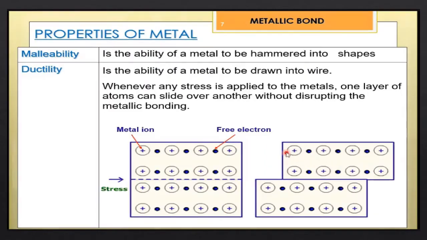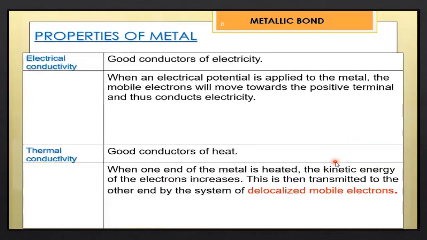In the array of solid ions immersed in the electron sea model, the free electrons are still the same. So they can still conduct electricity and heat. So these are two other properties of metal: good conductor of electricity, good conductor of heat.